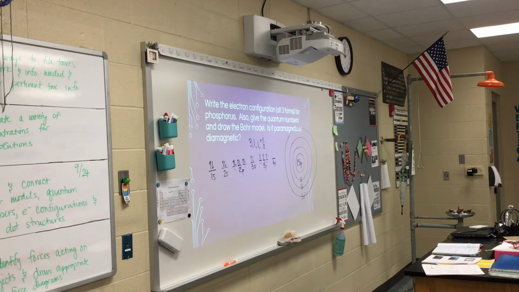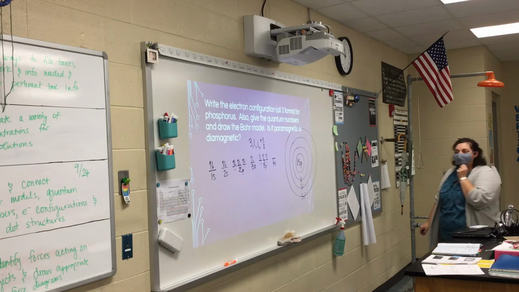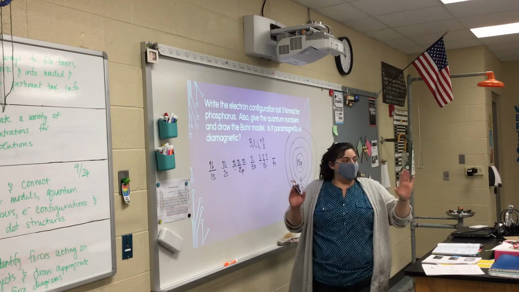So one's going to go in each of those, and then we go back and put a second one in each of those. How does that correspond to the numbers? The m-sub-L value is that little number there. So the last electron that went into a 3p orbital is in this one. And see how that's a 1? That's that value right there. All right? Questions about that one?